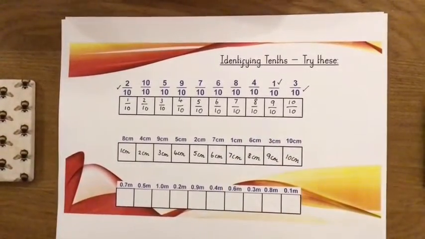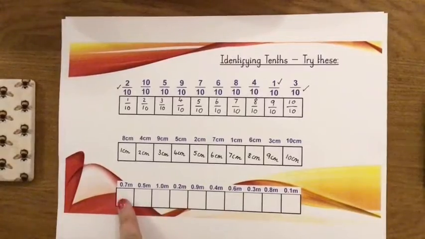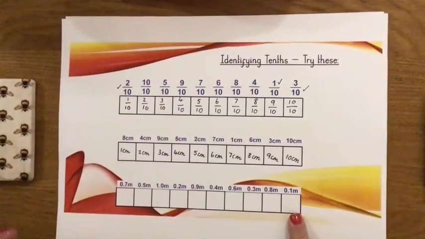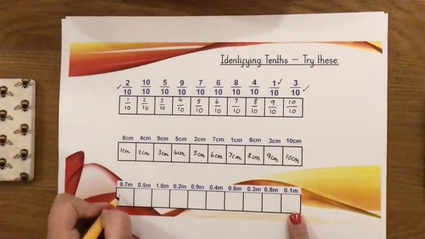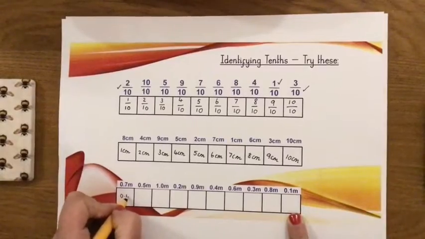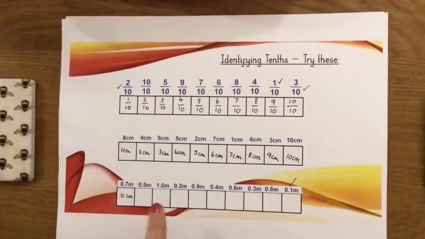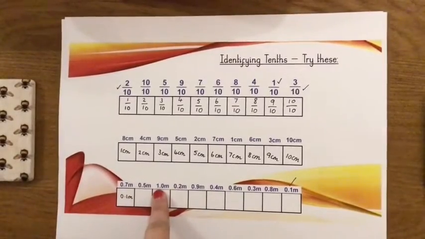Okay, right, let's see if you were able to organise these decimals into the correct order of tenths. So, first of all then, it is 0.1 metres. Okay, and I'm going to explain why it's not 1.0 metres in a moment once we've ordered them.